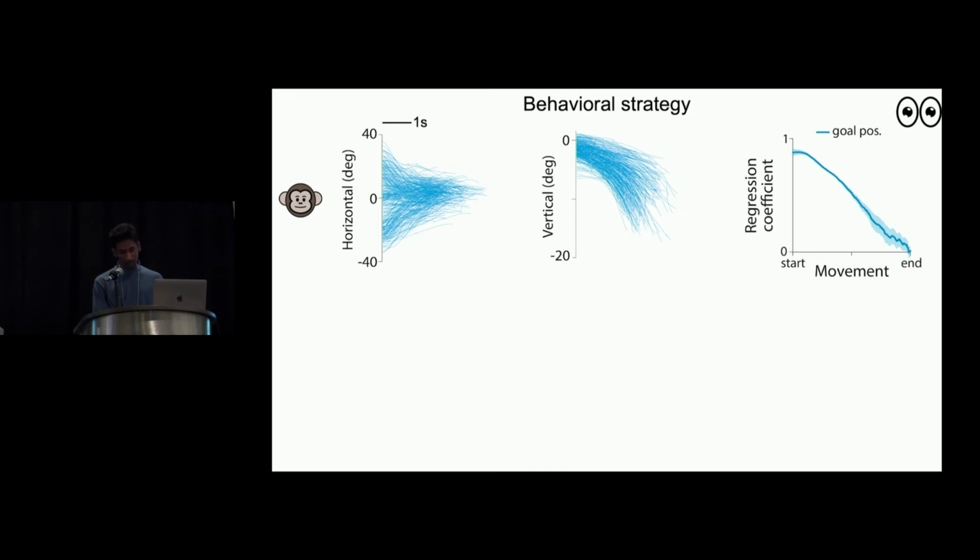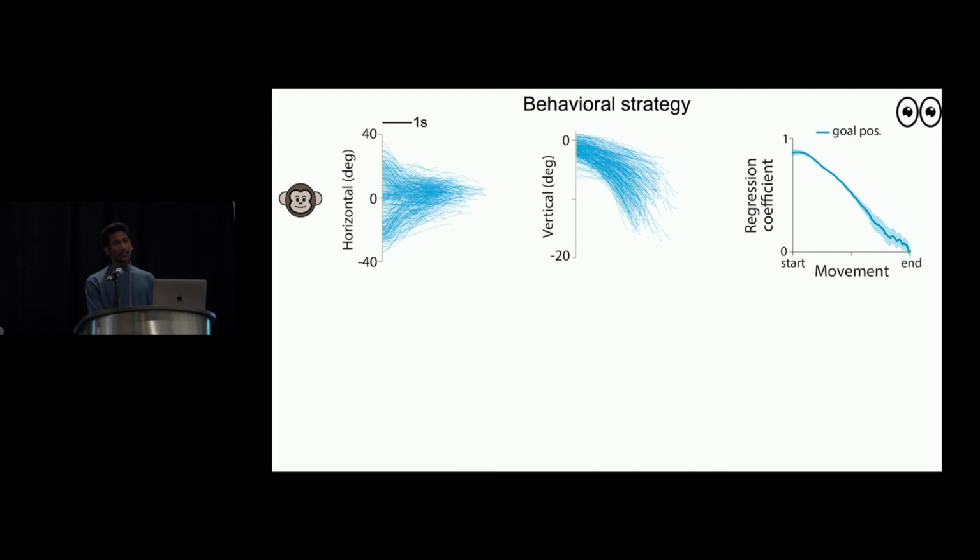And we can confirm that there is quite a bit of influence of goal position on explaining their pattern of eye movements. But remember that the goal location itself is not visible, right? Because the target is only transiently shown on the screen, so they could not possibly be tracking the true goal location because that's a latent world state. What they might instead be tracking is their internal estimate of the goal location.